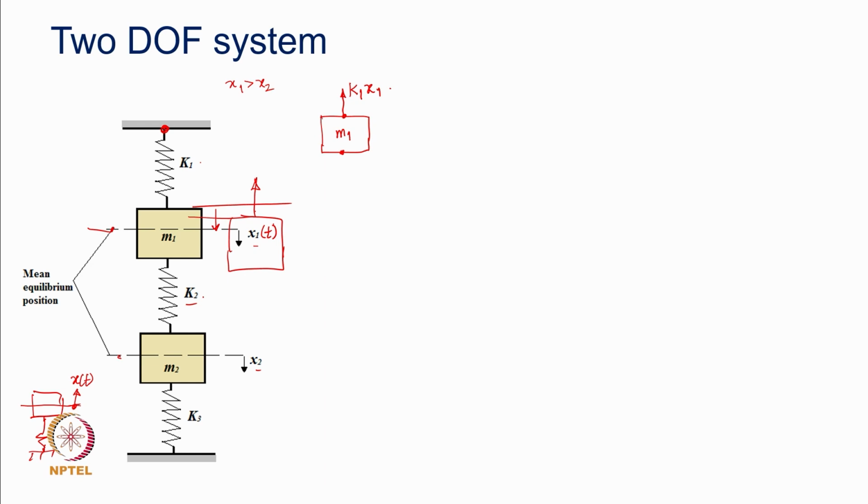Now, what happens to this particular connection point where the spring k2 is connected? When the spring k2 is connected to this mass, obviously there will be a force coming from the spring k2, and that force is going to be what? Constant of proportionality is k2, that is the spring rate, okay.